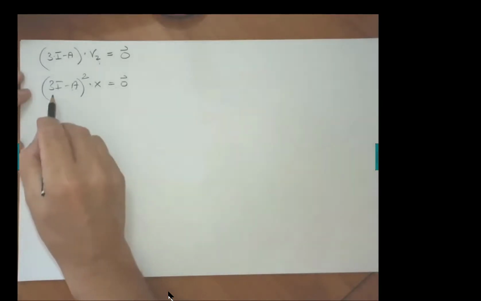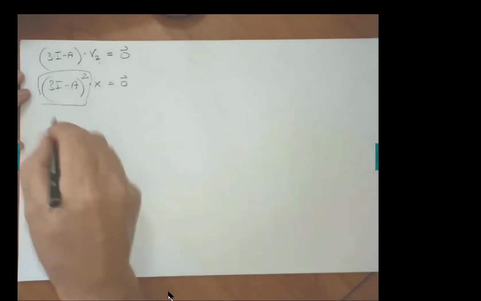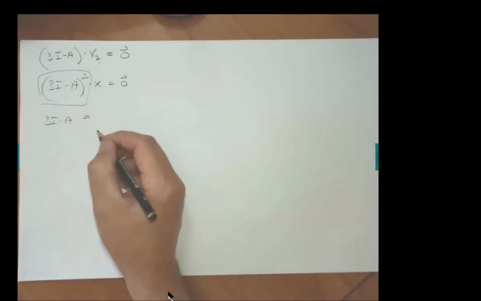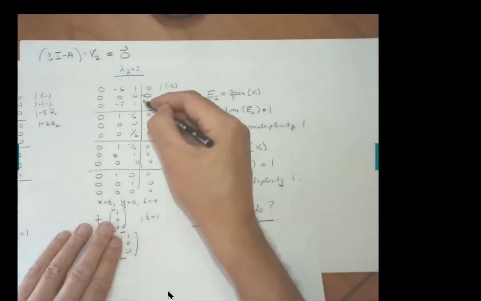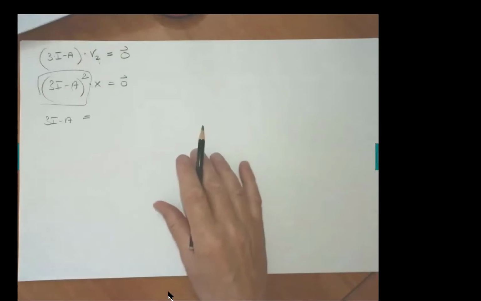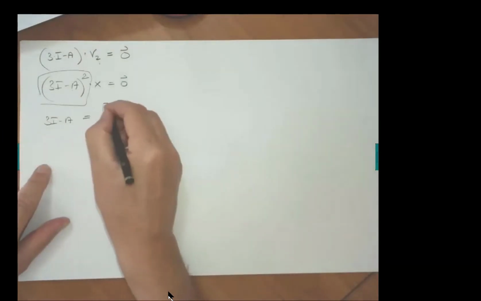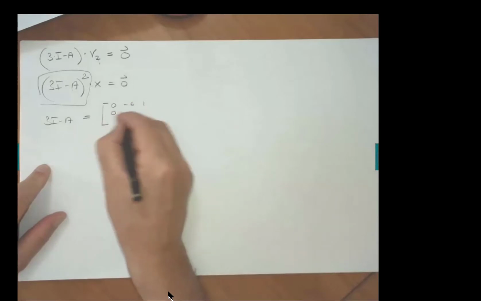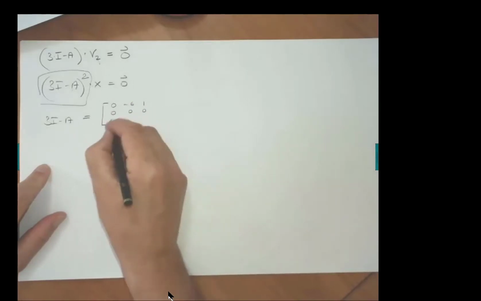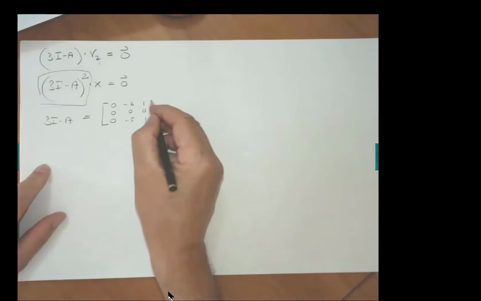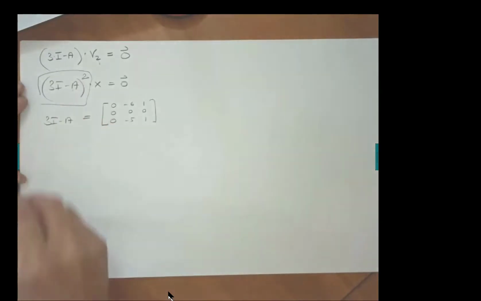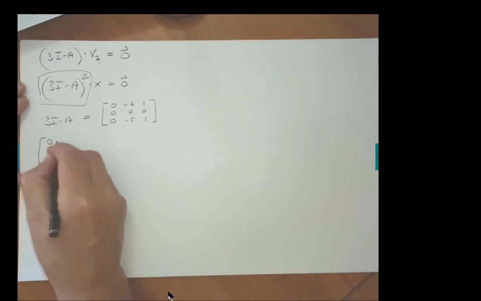So the first thing is we have to find this matrix. So 3I minus A, remember from here, was, okay, I just copy it: 0, minus 6, 1, 0, 0, 0, 0, negative 5, 1. So now we have to calculate the square of this matrix. So I multiply it out.